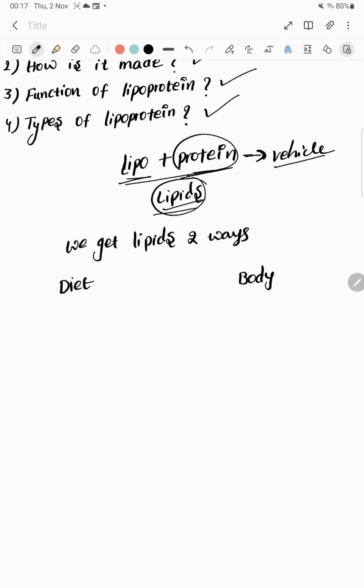Whenever we take excess calories or excess carbohydrate, our body converts that carbohydrate into fat. So our body can synthesize fat from carbohydrates, and also from diet we take fat.